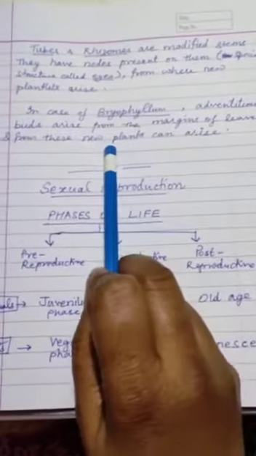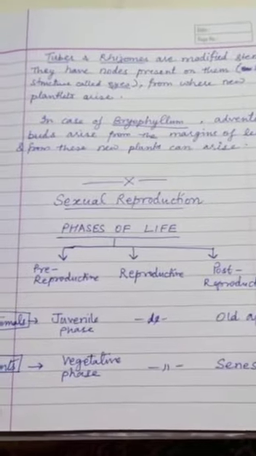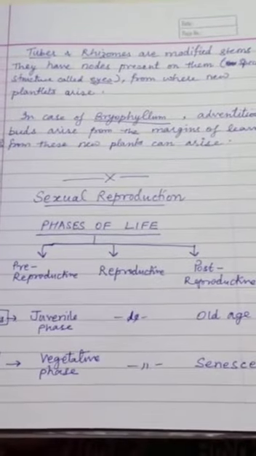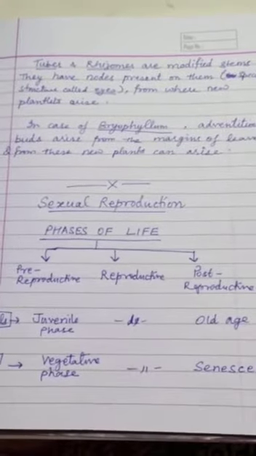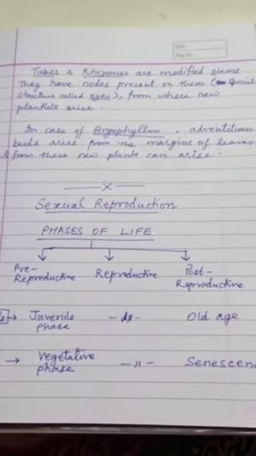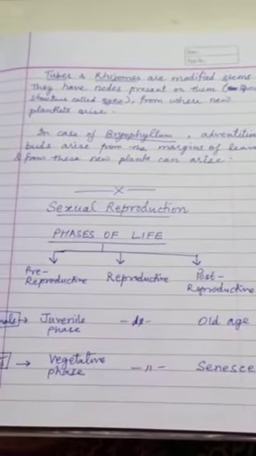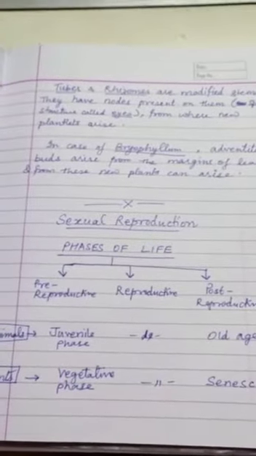In Bryophyllum, vegetative propagation occurs by leaf. So the leaf at its notches, at the tips, corners, has adventitious roots. False nodes are developed there, which have buds, adventitious buds, from which a new plant can arise. Okay, that's all for asexual reproduction.